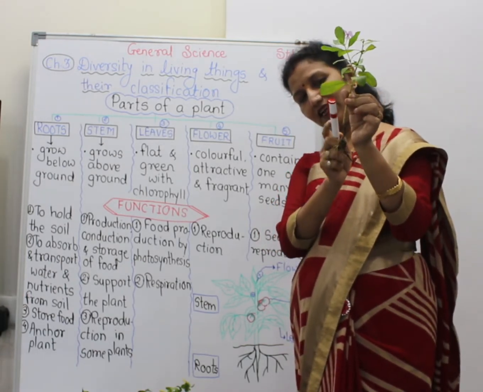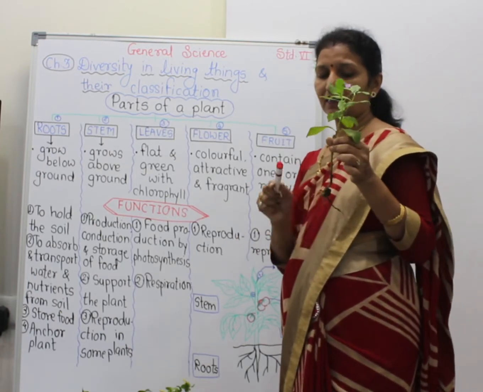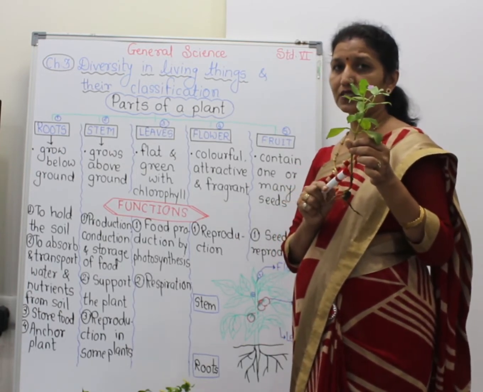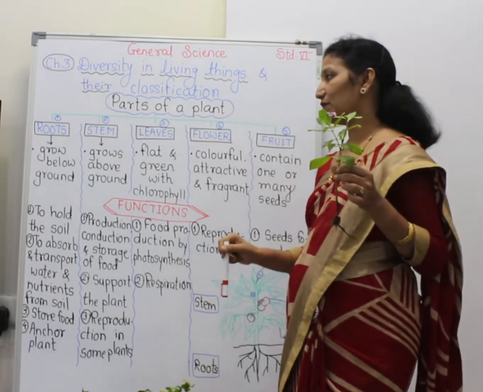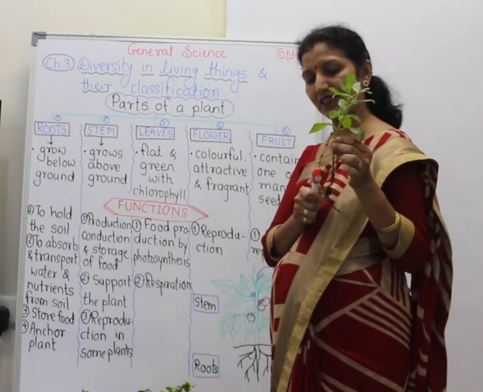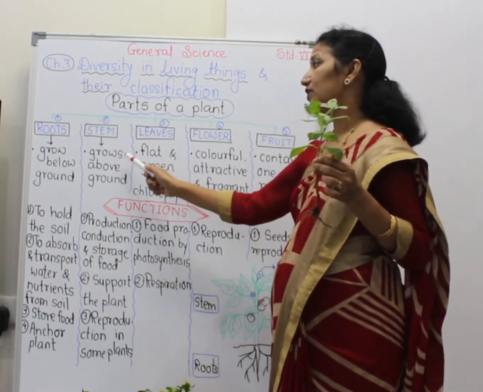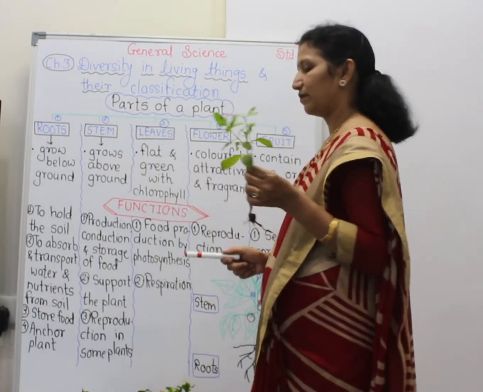Now these roots grow below the ground. Whereas the stem grows above the ground. This system is also called shoot system and this is called root system.